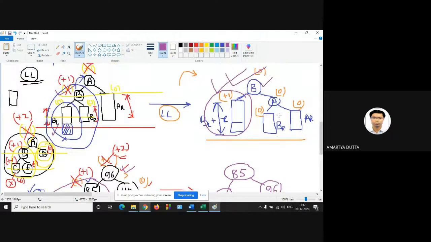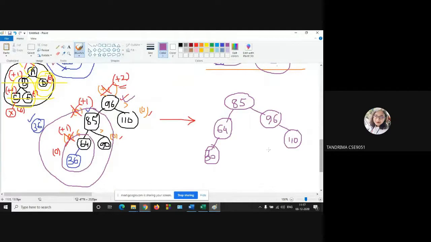Now what will be the value of BR? 90. So 90 will be at this position, as this is a binary search tree. The left subtree has less than or equal, the right subtree is greater than. Binary search tree property. Is it clear to you? Yes, sir, got it.